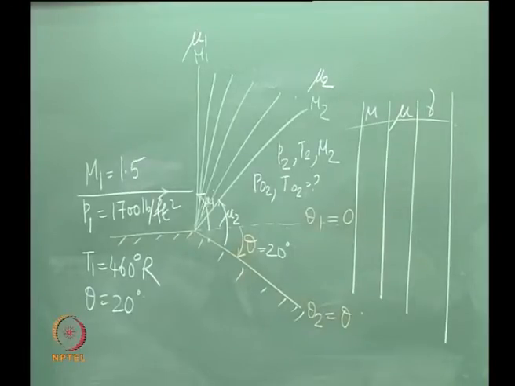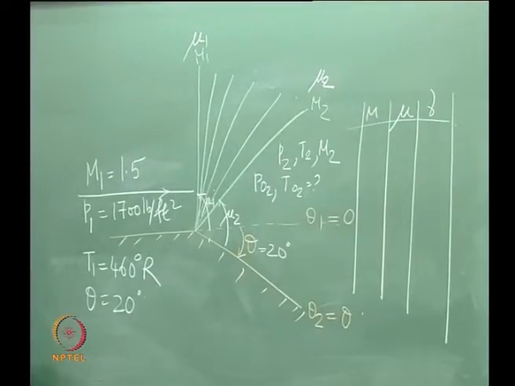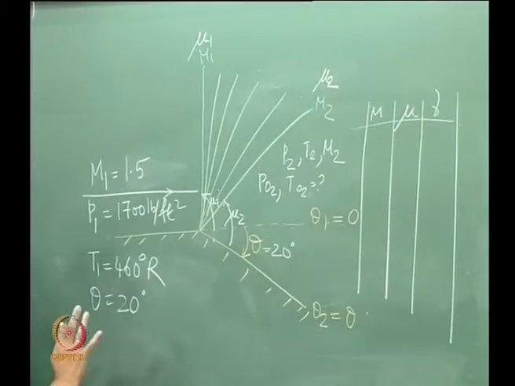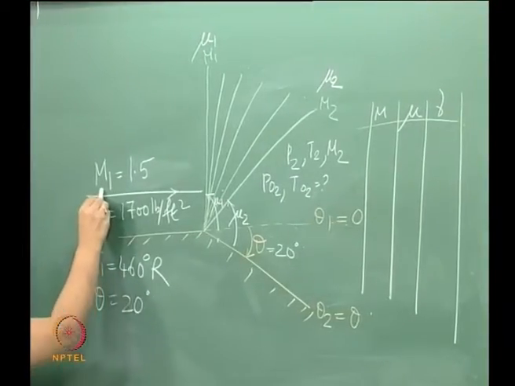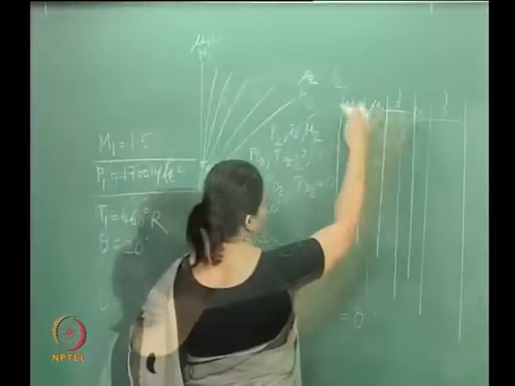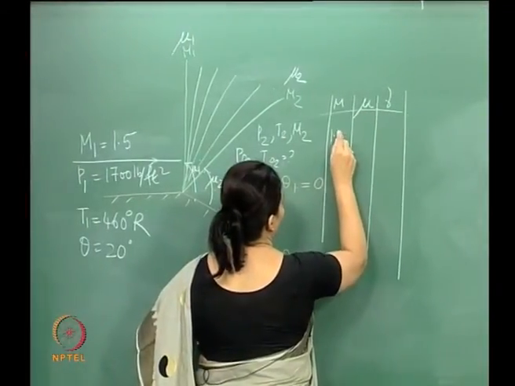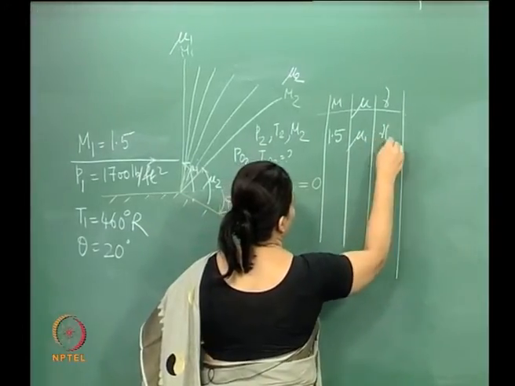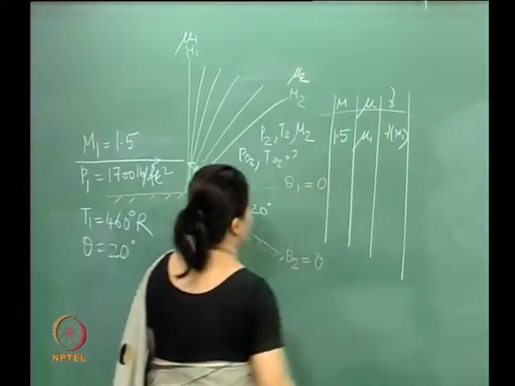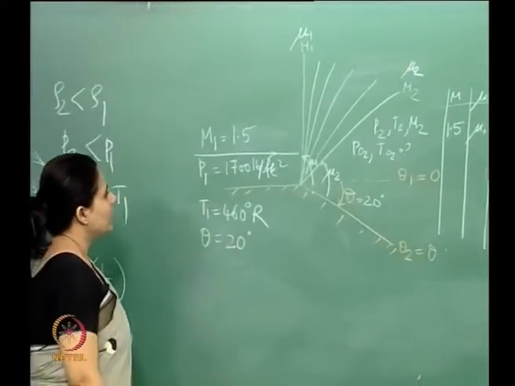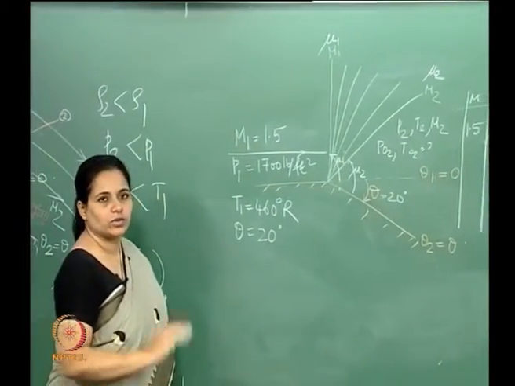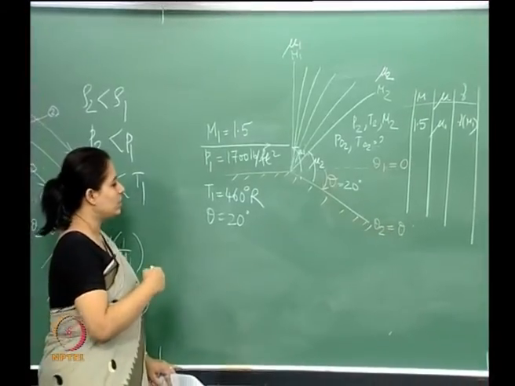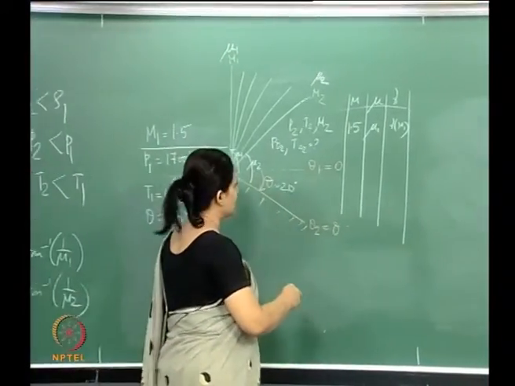So, how do we go about this? What you can straight away see is that for Mach number 1.5, go to your charts, and you can get nu1 and mu1. Just look for Mach number 1.5 and let us go step by step here.